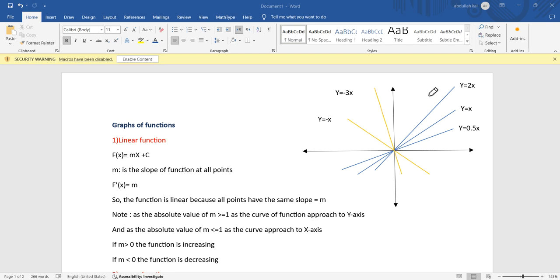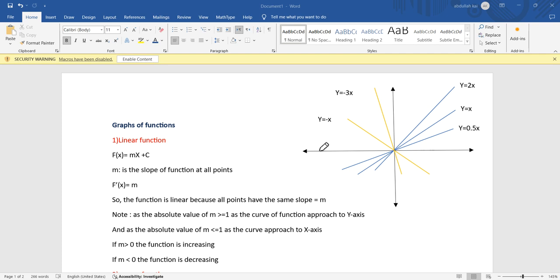As you see, this is the y-axis. This function equals x. As the slope increases, this function is gonna approach the y-axis, to this axis.